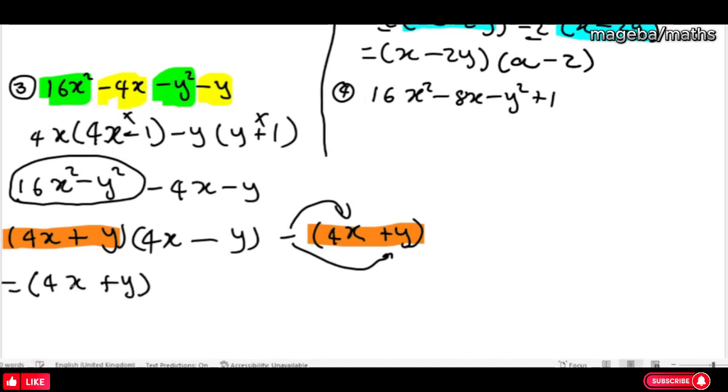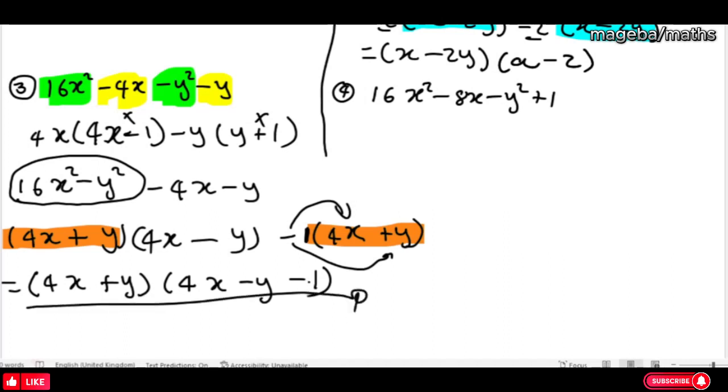And then after taking that common factor, I'm going to be left with 4x minus y. Now remember, I have a negative. I've already taken this common factor here, so I'm going to be left with 1 here, which is negative 1, and then from here I'm done.